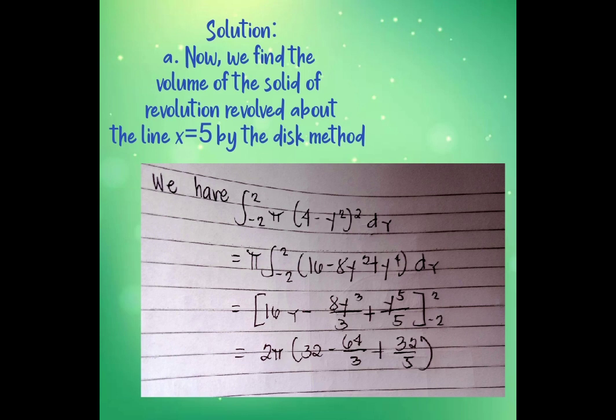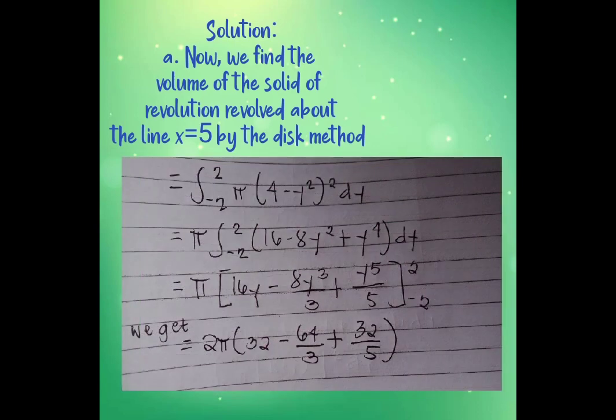By following the constant rule, this is equal to pi times 16y minus 8y to the 3rd over 3 plus y to the 5th over 5, to the limits of 2 and negative 2. That is equal to 2 pi times 32 minus 64 over 3 plus 32 over 5.